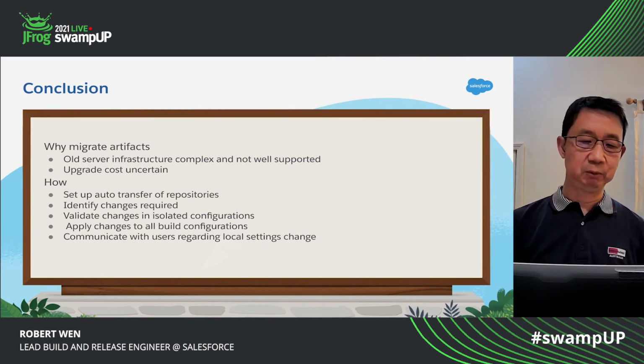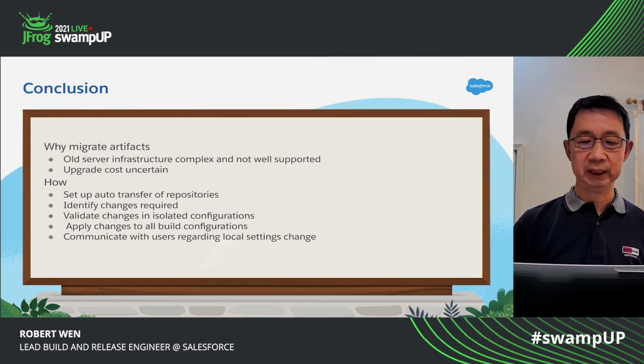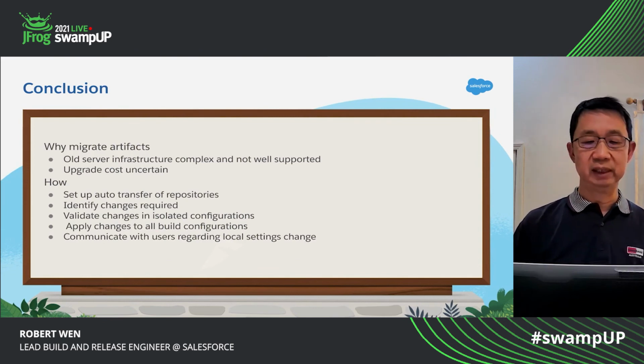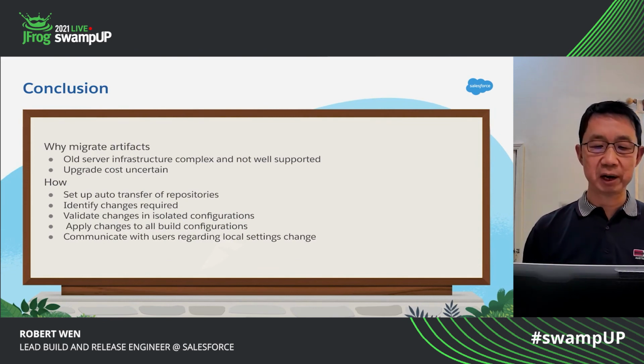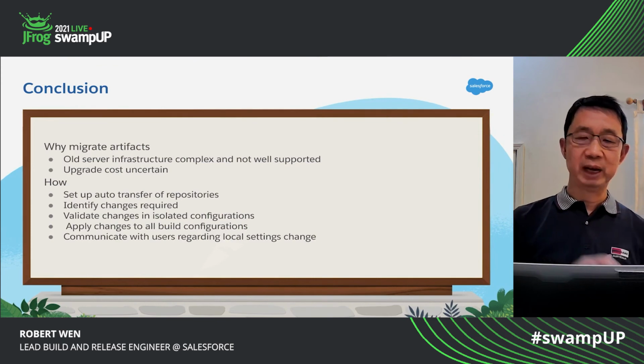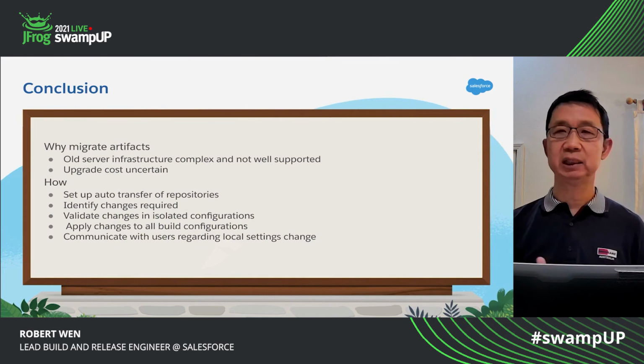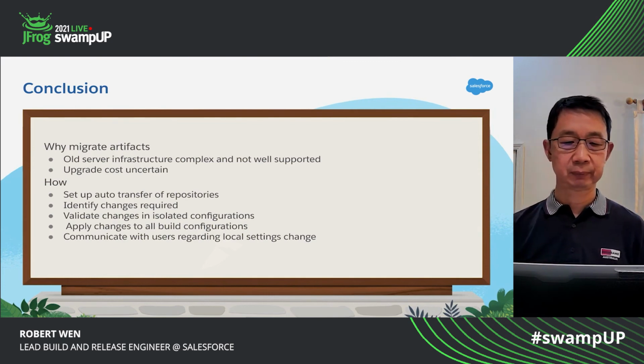There are several key aspects. One is we set up automated transfer of repositories. We identify all the changes required. Once we identify the changes required, we need to validate all the changes in isolated configurations.